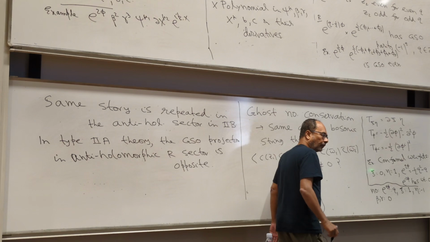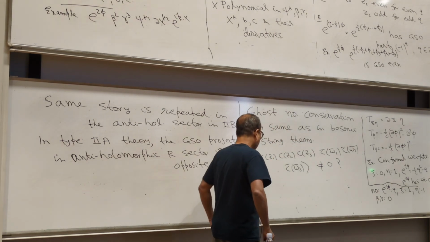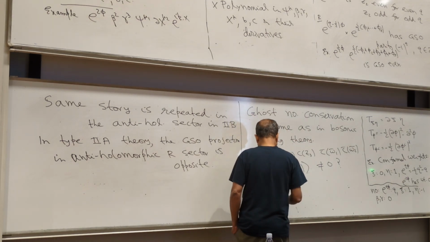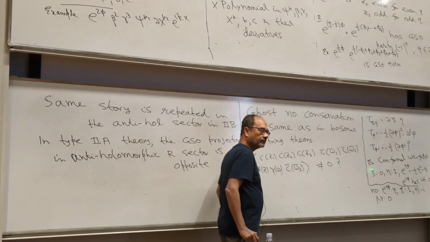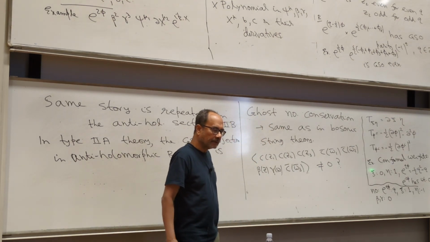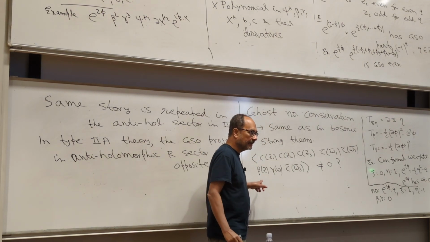And one can see that this is not an option, because what one can do is to insert a beta of z gamma of w inside, and look at this as a function of z.